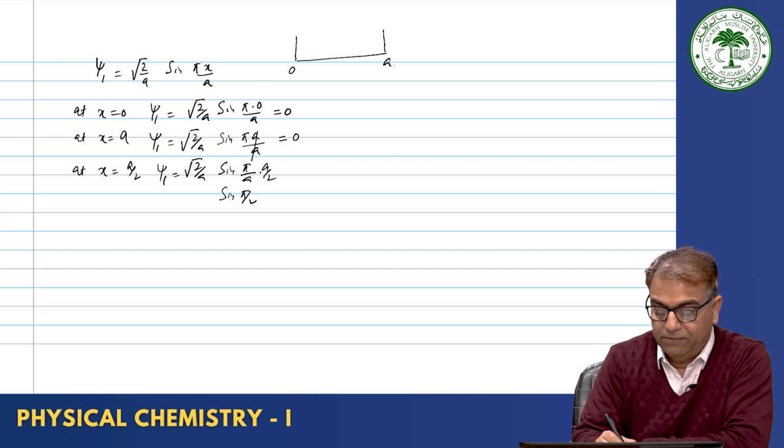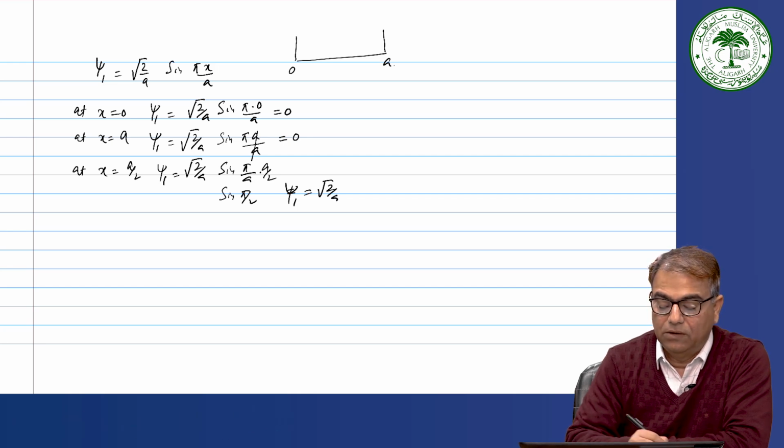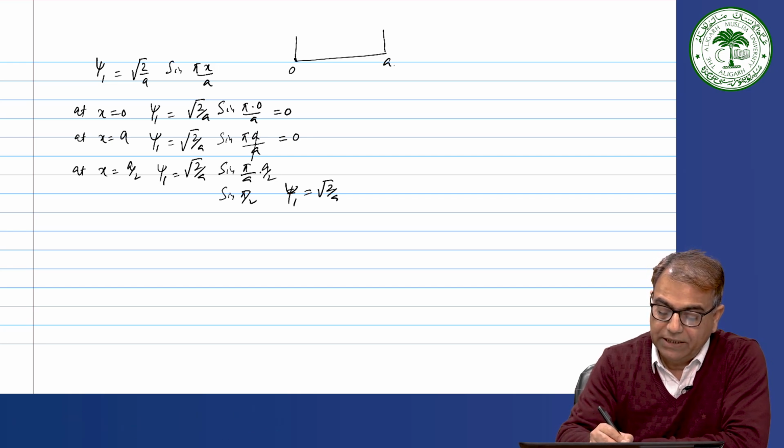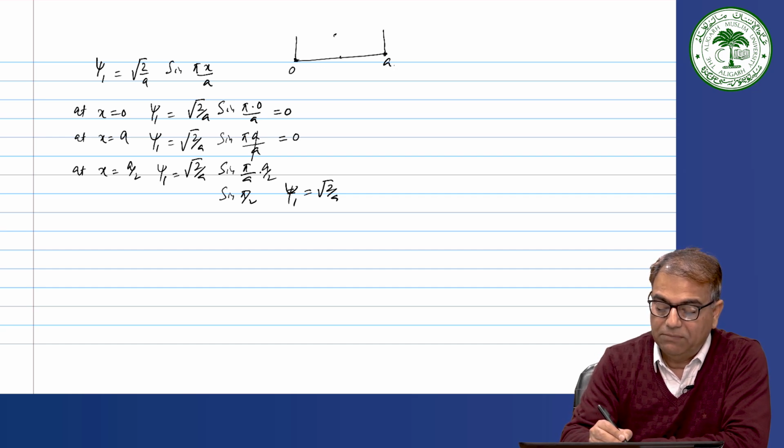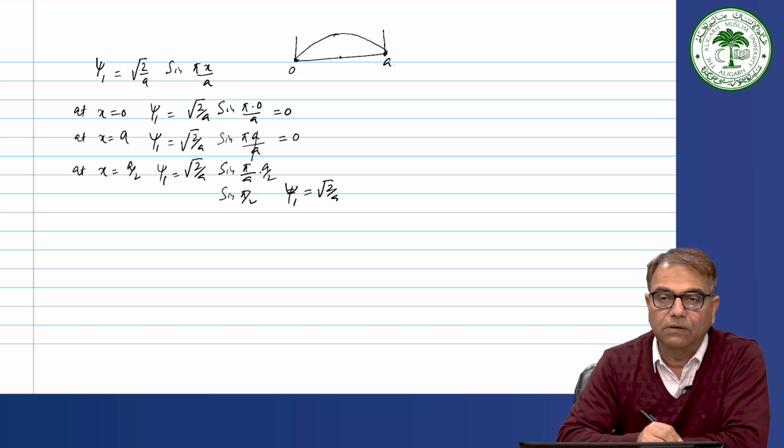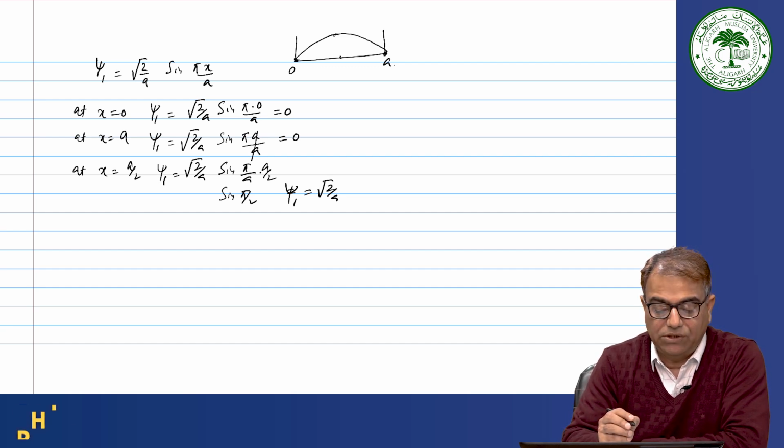So your ψ1 will become equal to root 2 by a. What you observe is that the wave function here is 0, wave function here is 0, but in the middle at a by 2 the wave function has a positive value. So if you want to draw this, you can draw a wave function shape like this very easily. And that is what you do for other wave functions also.